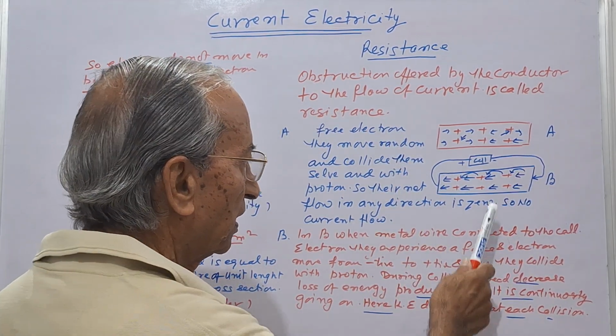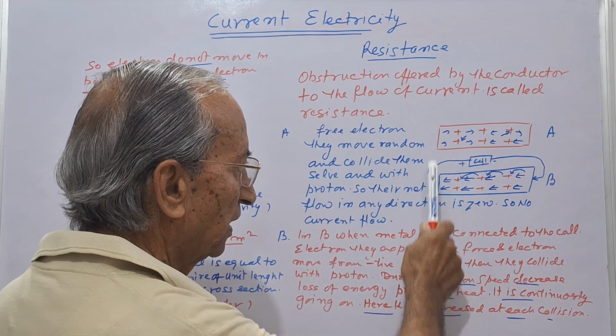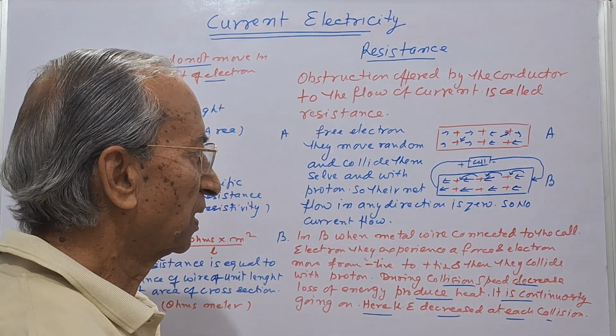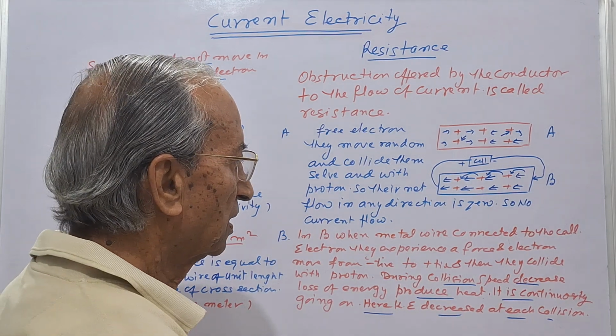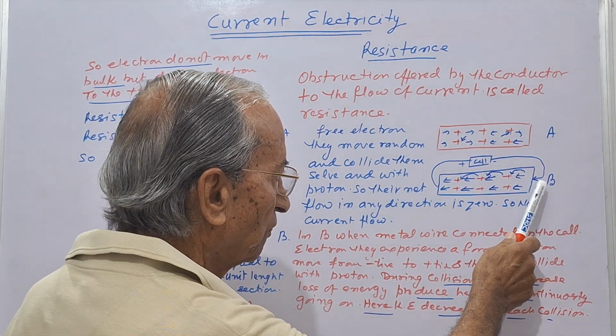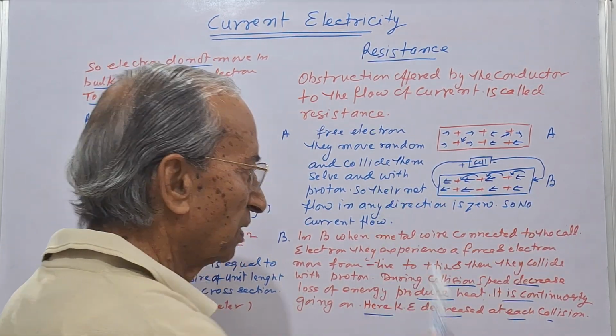Listen again: if the metal is joined to a cell, the electrons experience a force and try to move from negative to positive.